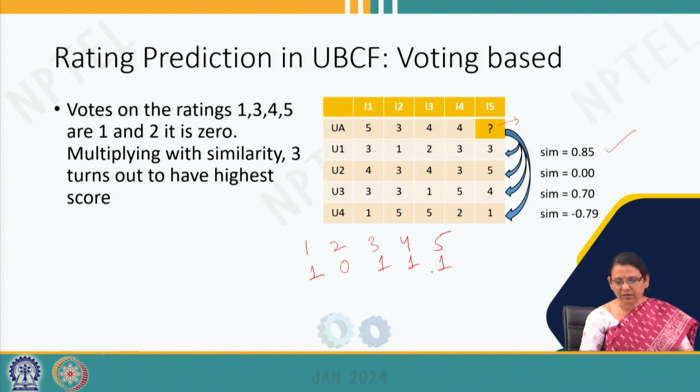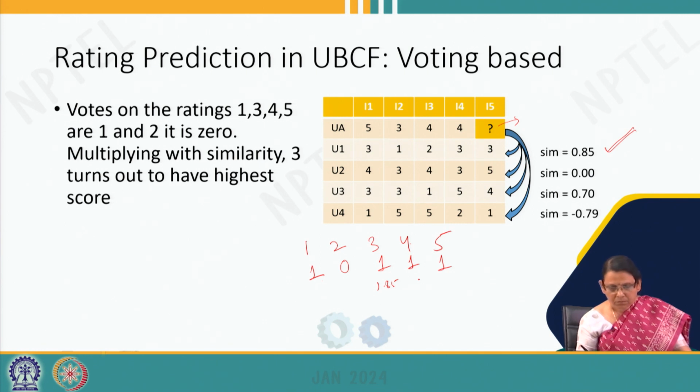Out of all these elements which are voted, the highest value of similarity is this. So, you multiply this with their corresponding similarity values. So, for 3 it is 0.85, for 5 it is, okay.